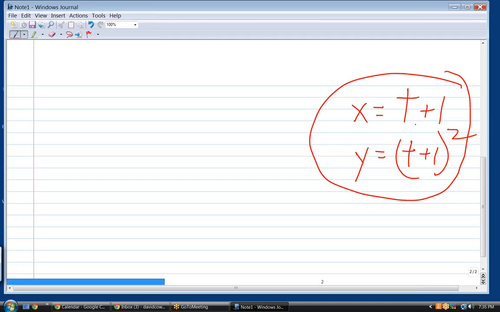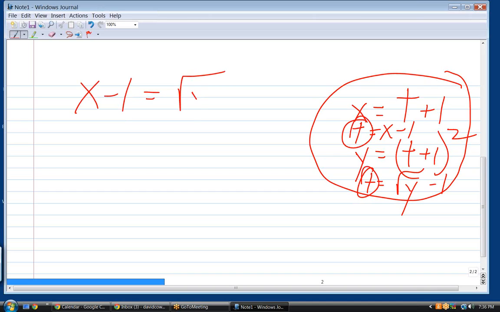Well, if I did that, I would solve both sides for t. So up here, t is equal to x minus 1. Down here, t is equal to the square root of y minus 1. And now I set both t's equal to each other, and I get x minus 1 equals the square root of y minus 1.